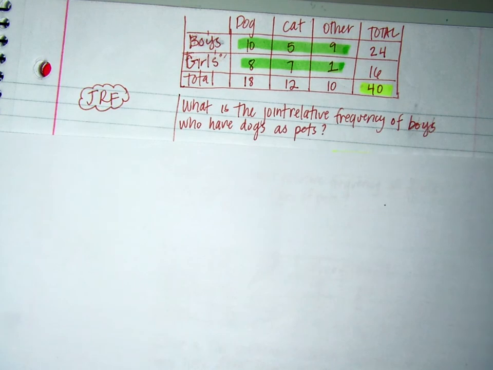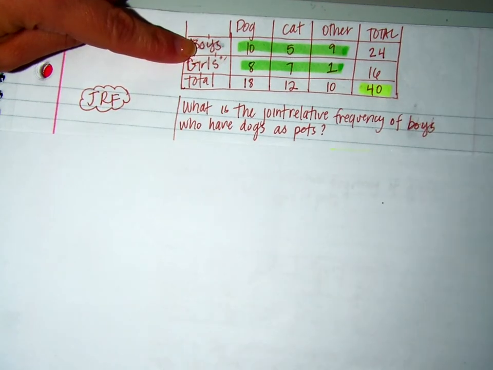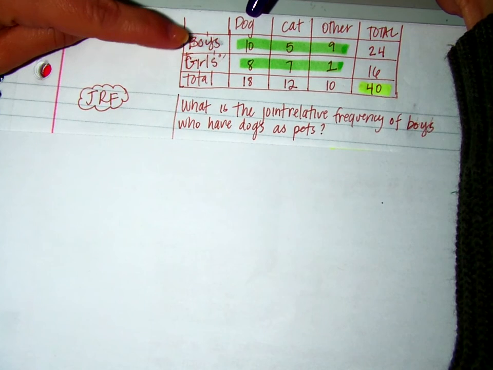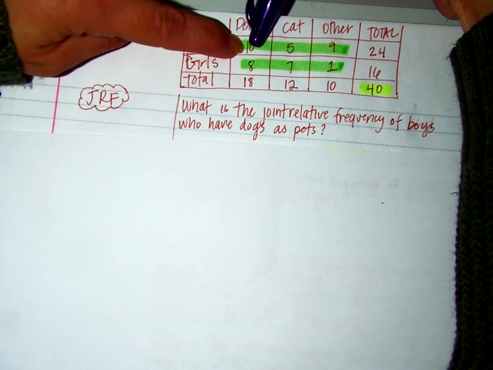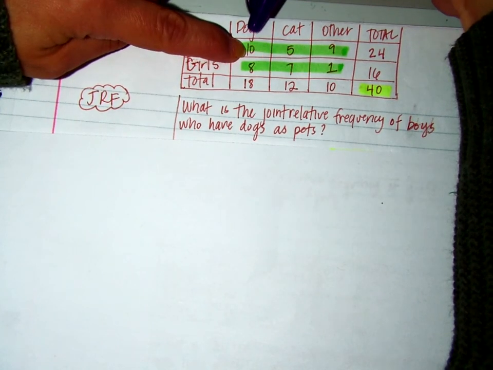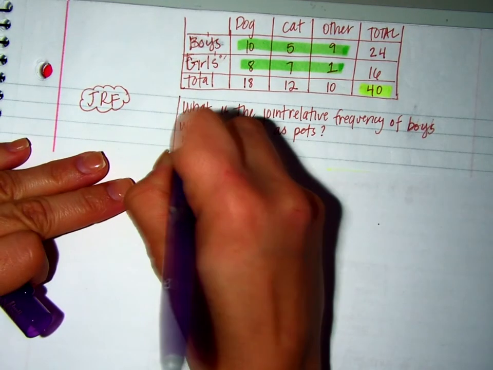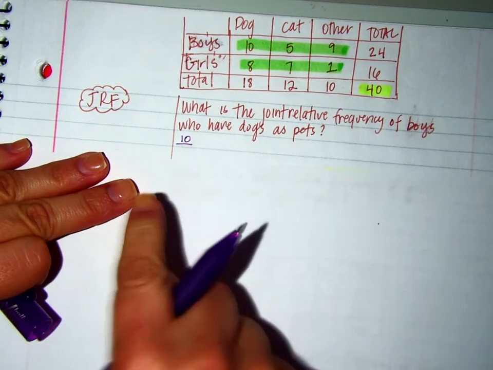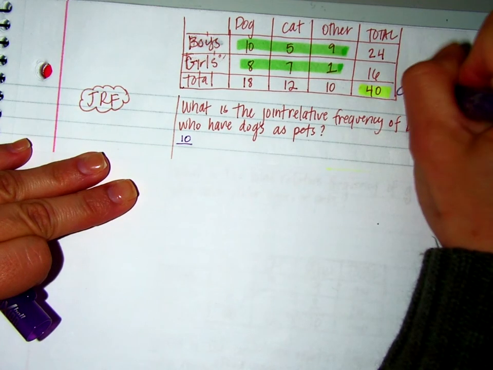So if you look at boys who have dogs as pets, we're going to go to the box that shows where boys and dogs meet. In this case, there are 10 boys who have dogs as pets. So we're going to use that as our initial number, and we're going to divide that by our grand total. If you forgot what our grand total was, make sure to label it.